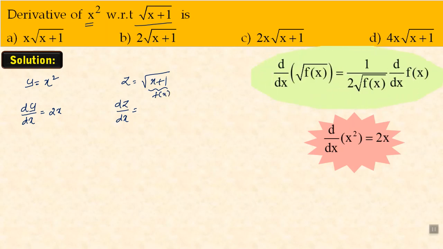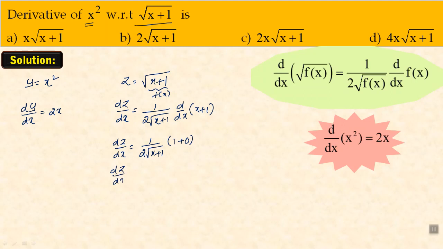We know that d by dx of root f of x is equal to 1 by 2 into root f of x, that is x plus 1, into d by dx of f of x, that is x plus 1. dz by dx is equal to 1 by 2 into root of x plus 1 into d by dx of x is 1 plus d by dx of 1 is 0. dz by dx is equal to 1 by 2 into root of x plus 1.